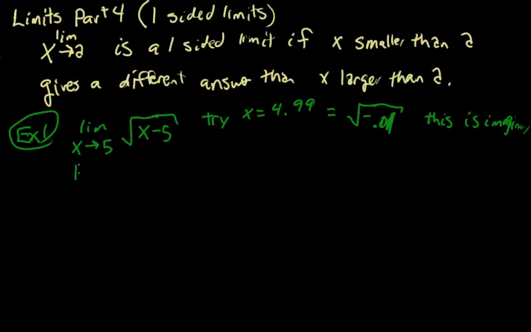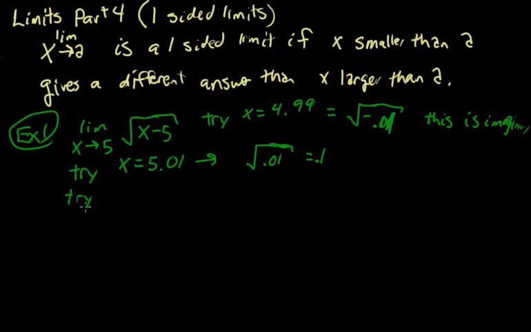Well, let's try x equals 5.01. Well, that gives us the square root of 0.01, and it's a small number, but it's real. Or actually, it's a bigger number than I thought it would be. That equals, not 1, 0.1.